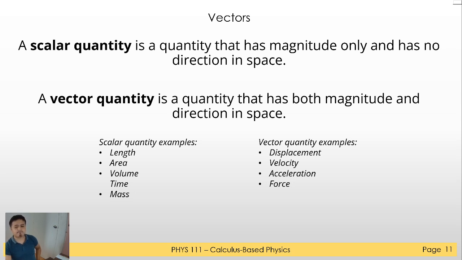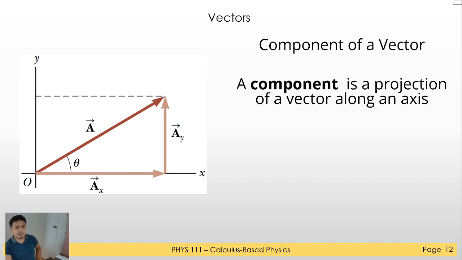All right, let's talk about the components of a vector. Given a vector A, as you can see here, you can break this down into its components, the A sub x vector and the A sub y vector.